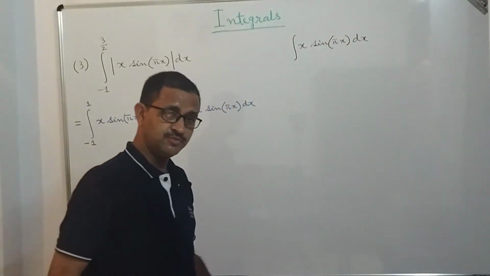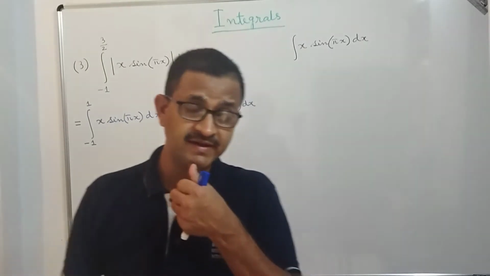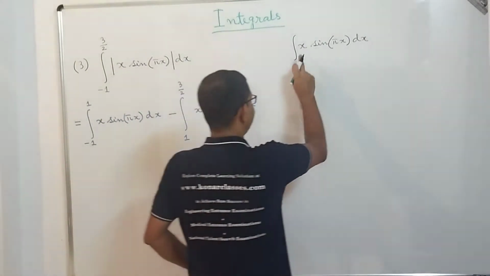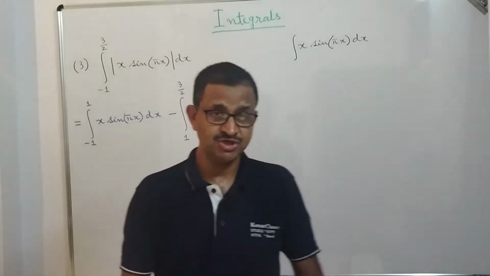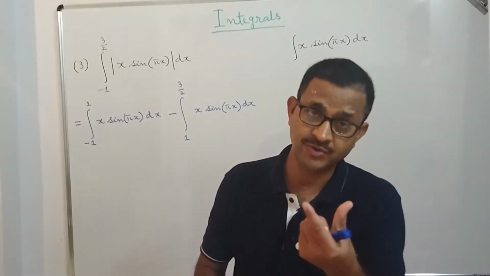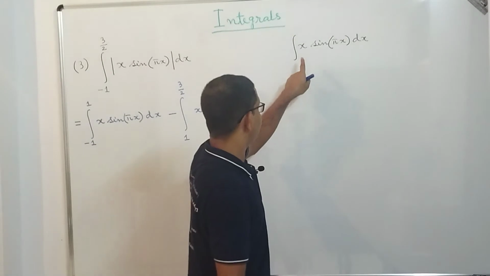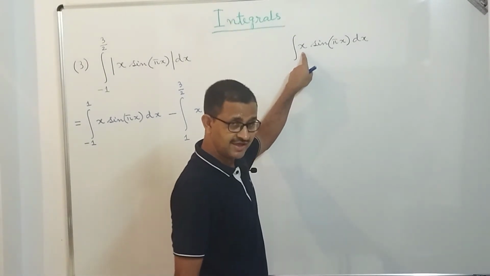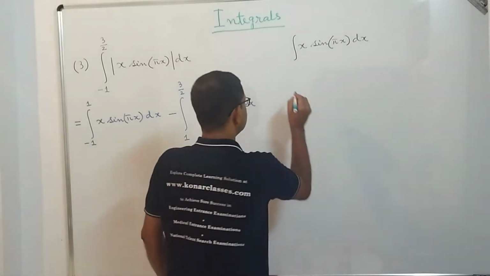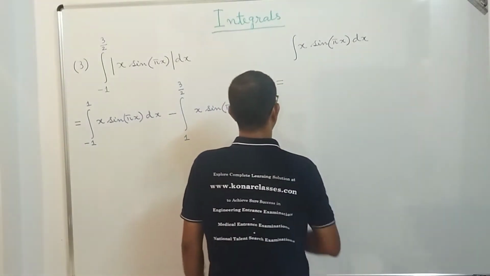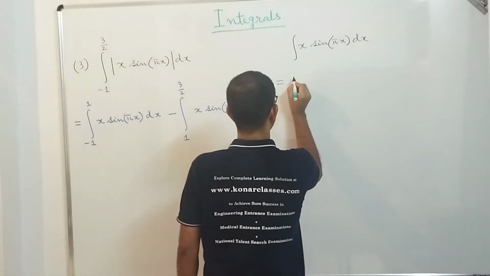So here you need to perform integration by parts, and we see that x is algebraic function and sin pi x is trigonometric function. So according to the Euler rule, we can consider that x as the first function because algebraic function is the first function and trigonometric function is the second function. So what we can write according to the formula of integration by parts?